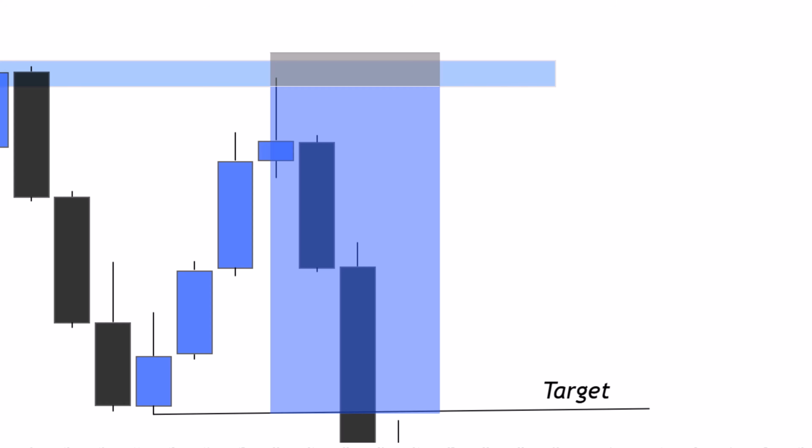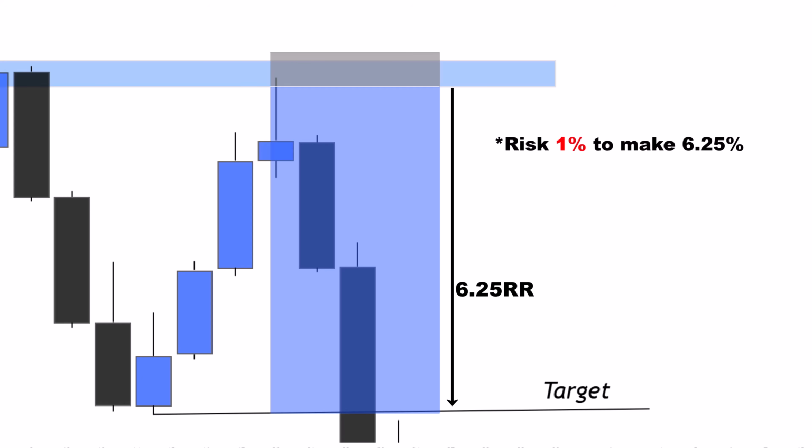But because we refined it, we turned that 1.9 risk-reward trade into a 6.25 risk-reward trade, which means you're risking 1% to make 6.25%. You're risking $1 to make $6.25 in return, turning the same trades into massively profitable positions just by refining the zones to get a beautiful sniper entry.